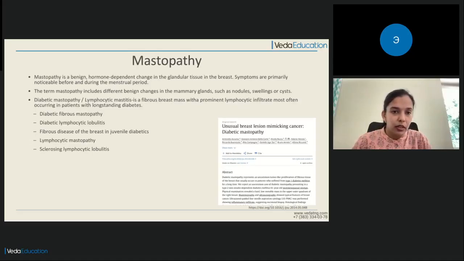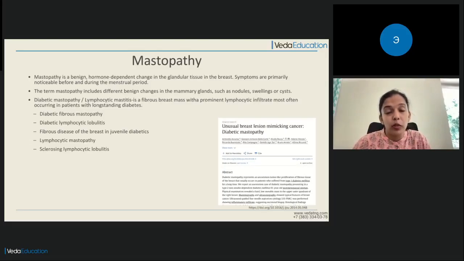So any type of such a change. So it could be a nodule, which is either just the hardening of the glandular tissue, or it could convert itself into something like a fibrocystic presentation as well.